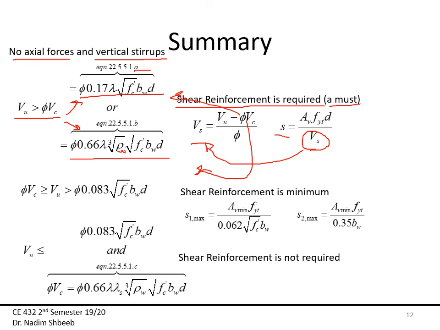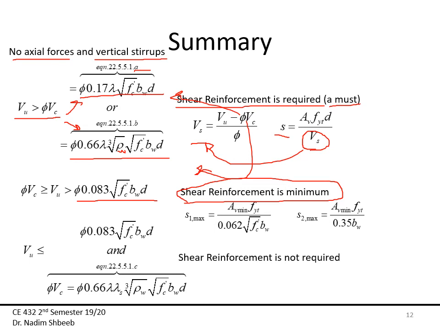Now, part 2. If V ultimate is less than or equal to phi Vc and at the same time more than 0.083 lambda square root of f prime c b web d, which is what we used to call phi Vc over 2 in ACI 14, then shear reinforcement is a minimum.